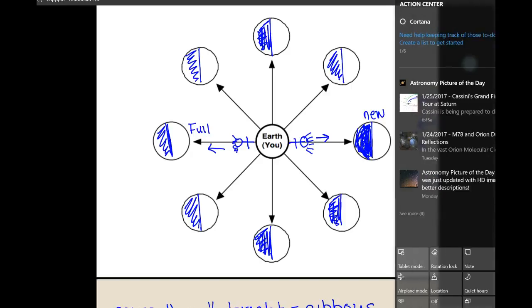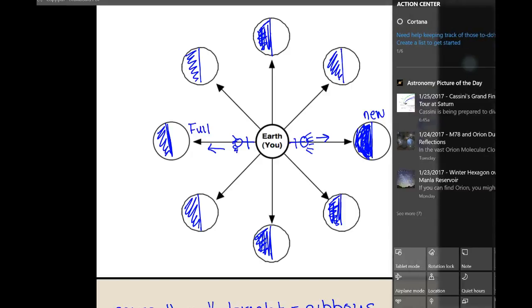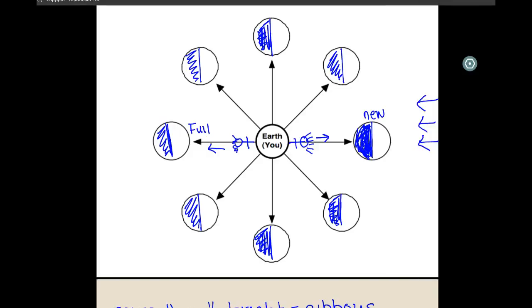Now, for convenience's sake, we say a month is 28 days, roughly. And conveniently, we know that there's about 4 weeks in a month. So each week is going to equal a quarter.